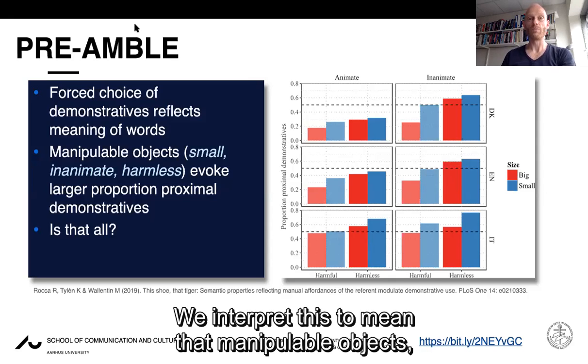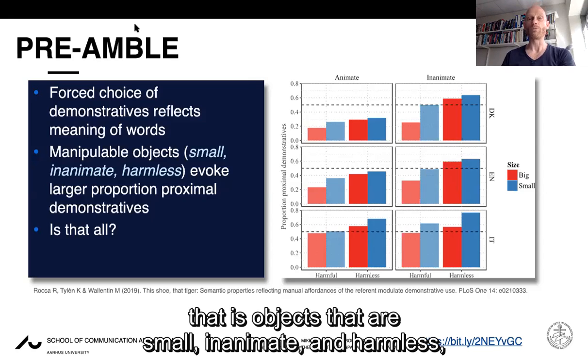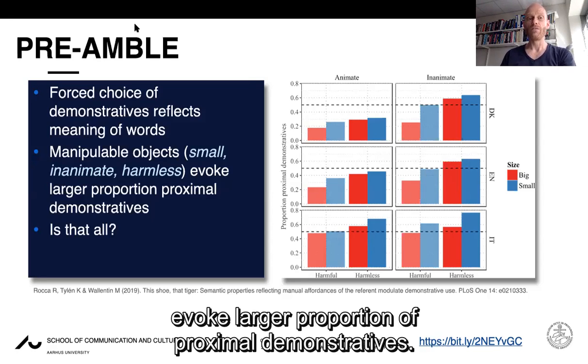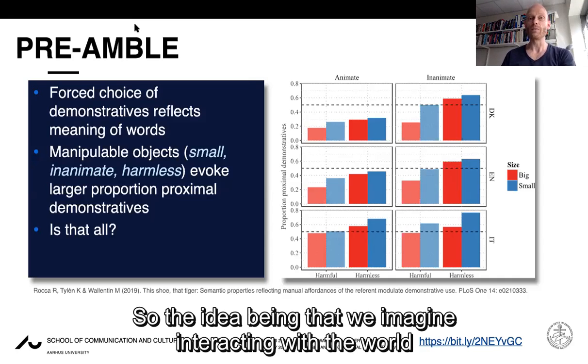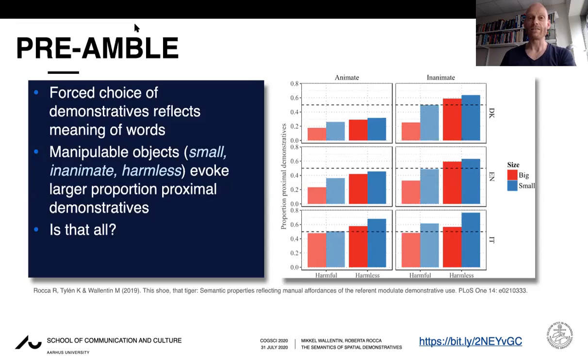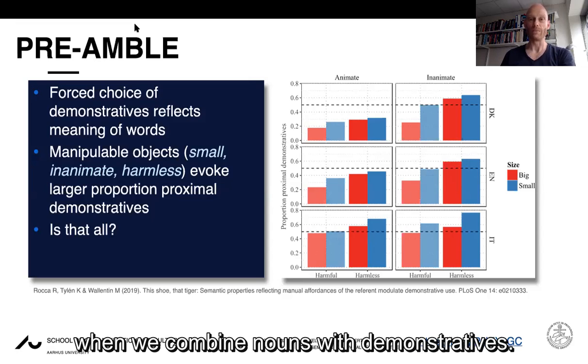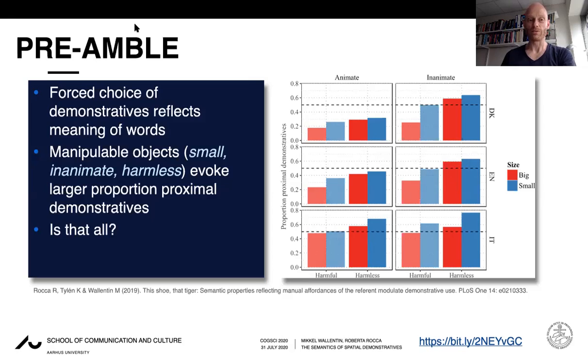We interpreted this to mean that manipulable objects, that is, objects that are small, inanimate, and harmless, evoke larger proportions of proximal demonstratives. So the idea being that we imagine interacting with the world when we combine nouns with demonstratives.